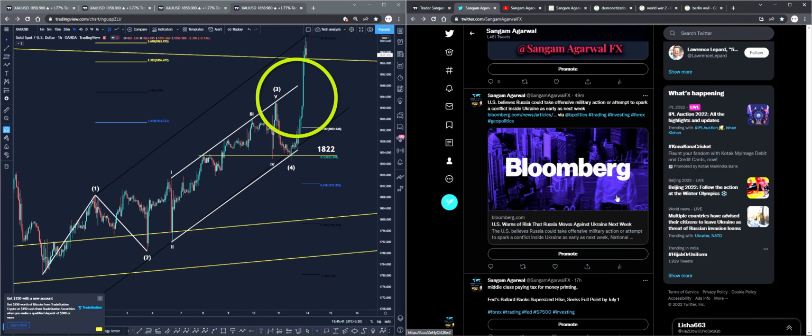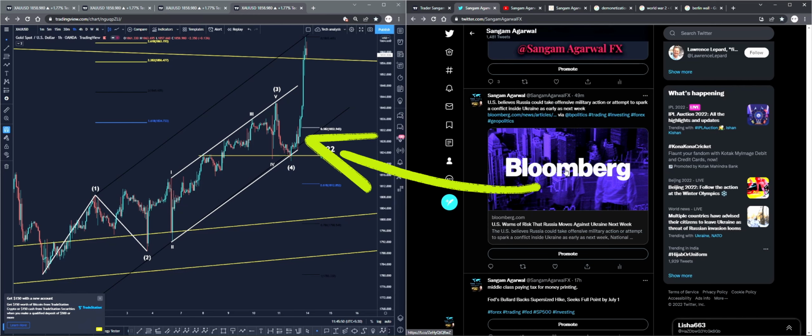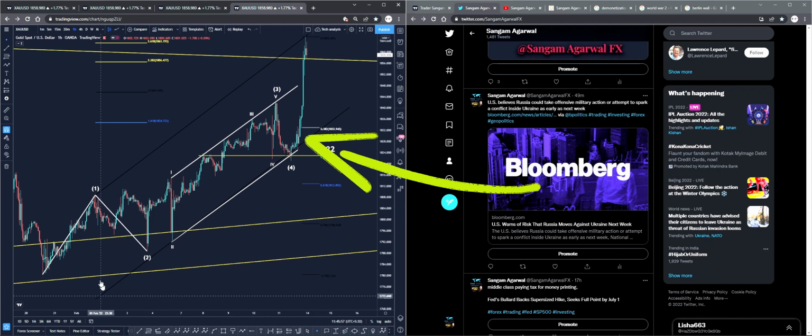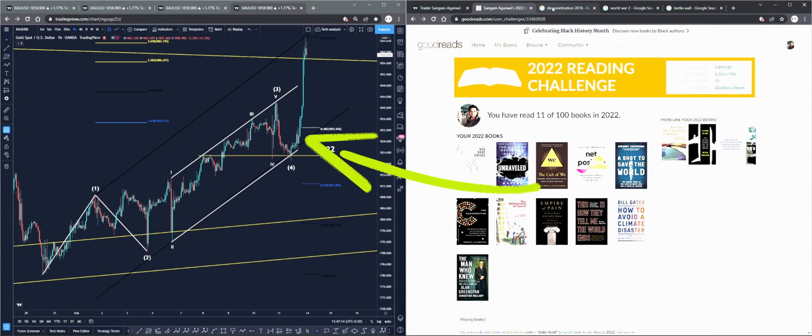Last week, one more new thing happened. The US believes Russia can invade Ukraine this week, and if this happens, then all of these buyers who were buying gold below 1800 have that insider information.